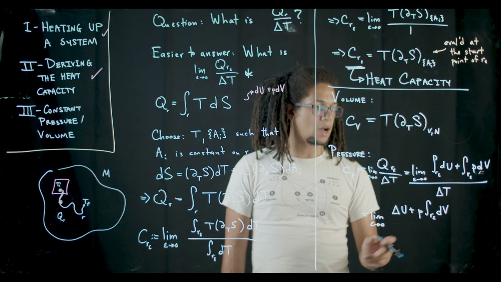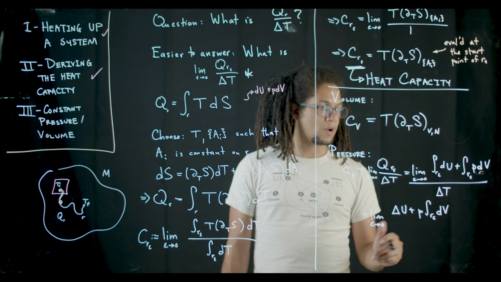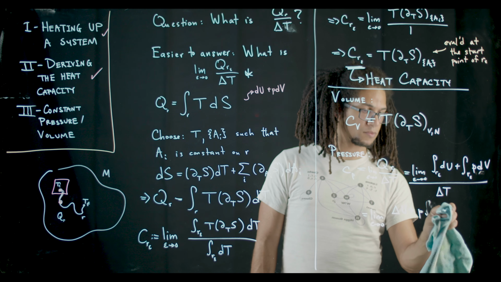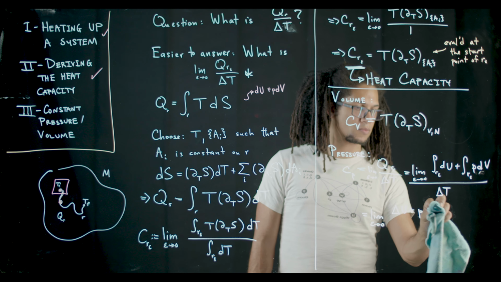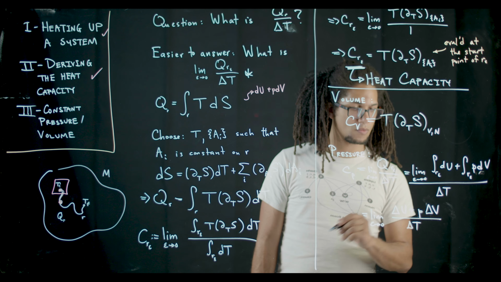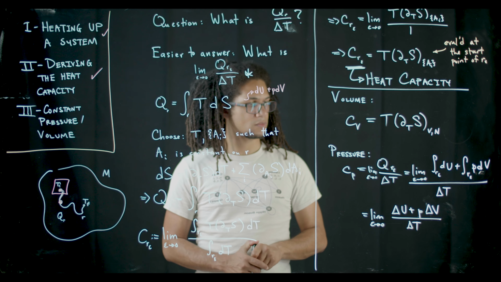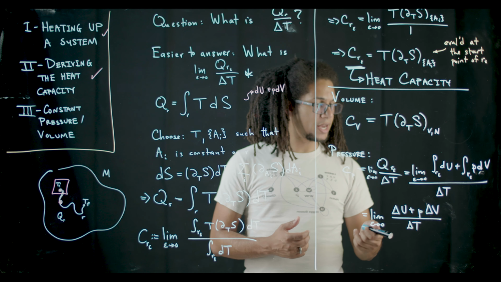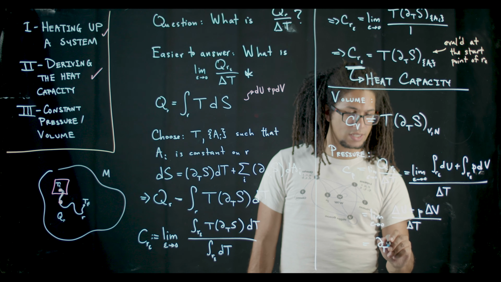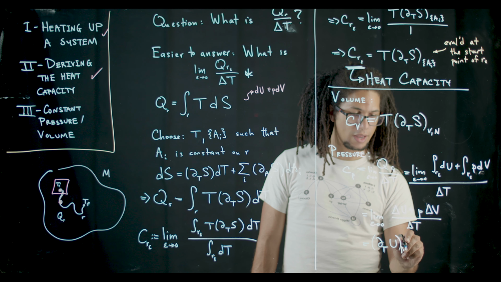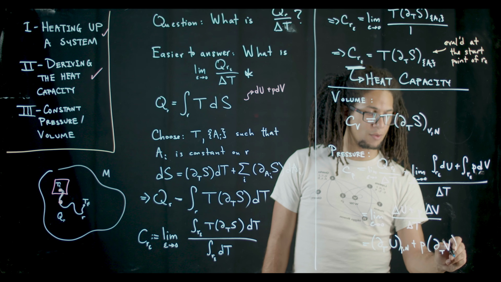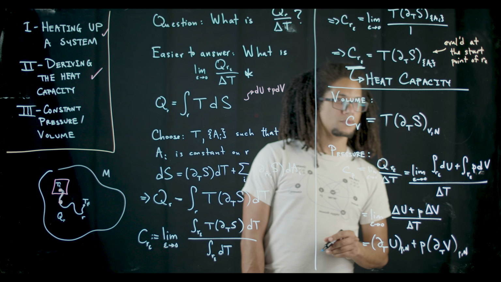This integral of dV, well, that just gives us V, so that's going to be the change in V. And it's not too hard to see that what we get here is going to be the partial derivative with respect to T of U while fixing P and N plus P times the partial derivative with respect to T of V while fixing P and N.